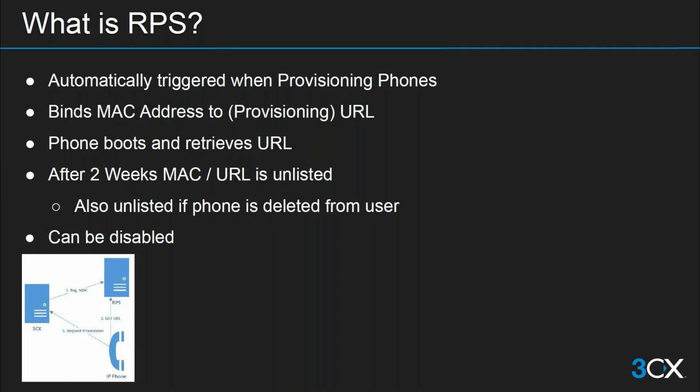Now, what usually happens is that if you maintain the RPS server and control that, you have an RPS server for that customer set up with the provisioning URL, which is nothing else than the URL that can be found inside the 3CX. You prepare that all on the system.